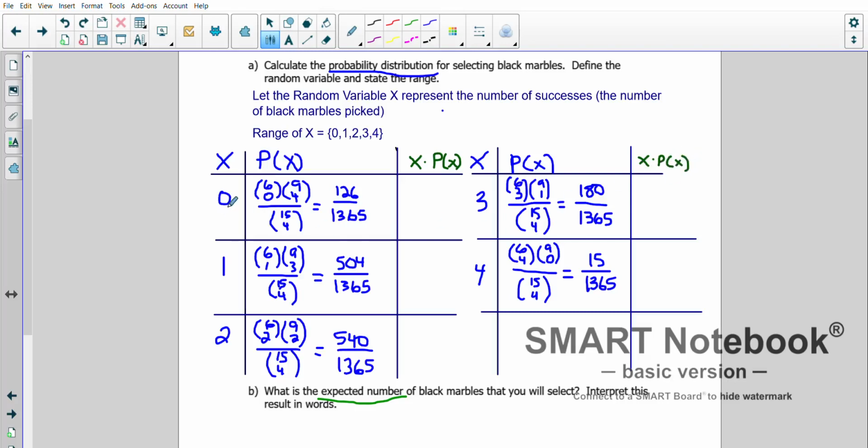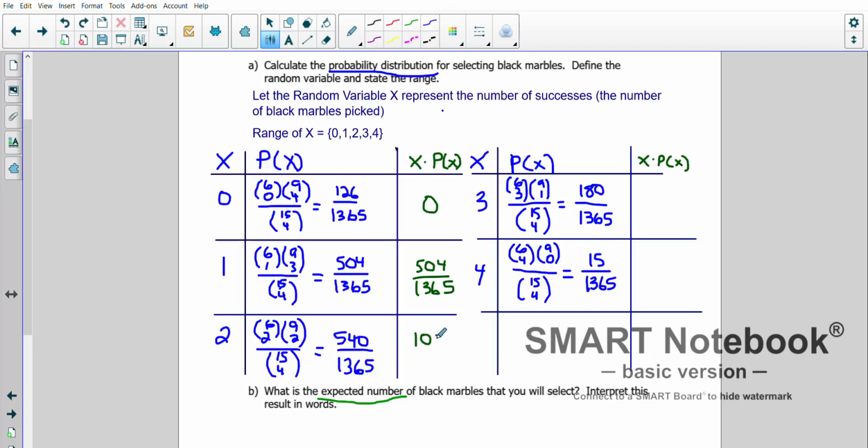So 0 times this would be 0. 1 times 504 over 1365 is going to be 504 over 1365. 2 times 540, so I'm just multiplying fractions here, top times top, bottom times bottom.